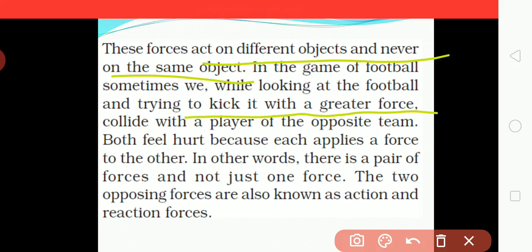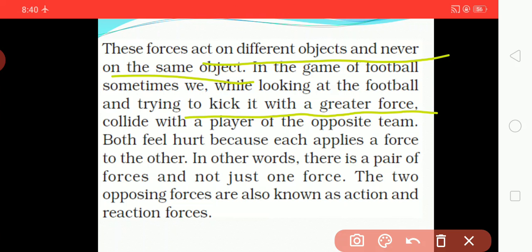Because if a football is kicked with a force and the player collides with a player of the opposite team, who is also colliding, both of them will be hurt because each applies force to the other. They are both giving a force, but the forces are opposite to each other. That's why both of them will be injured.